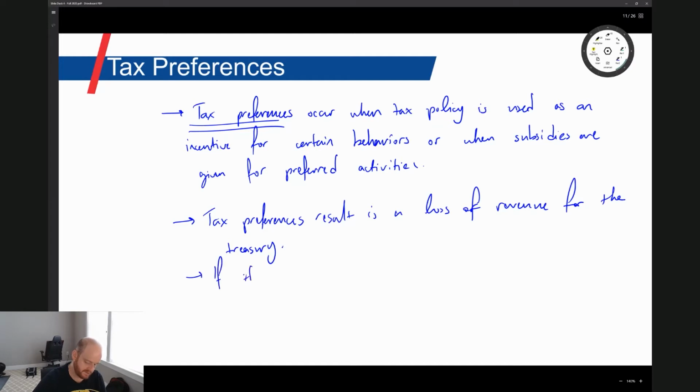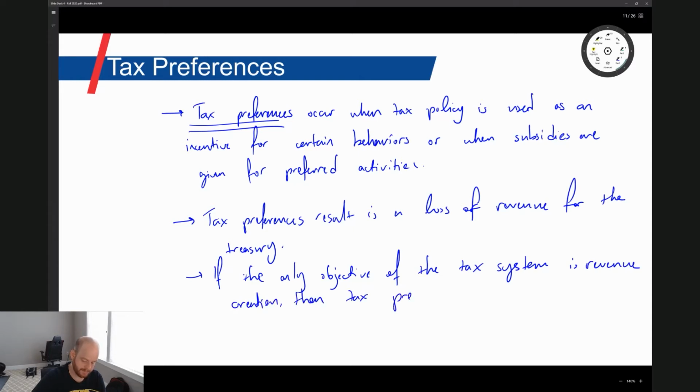If the only objective of the tax system is revenue creation, then tax preferences would not exist.